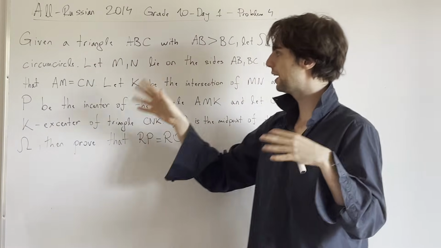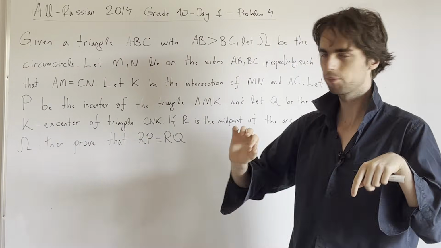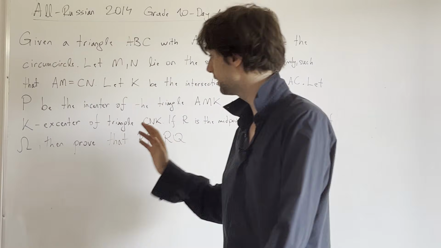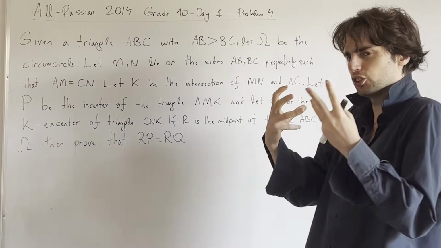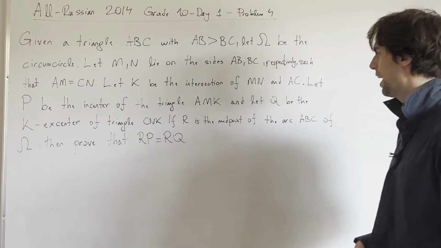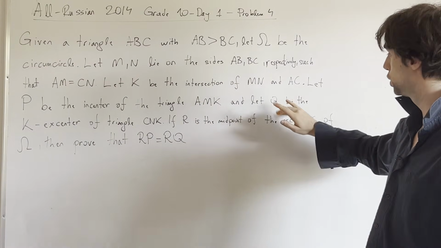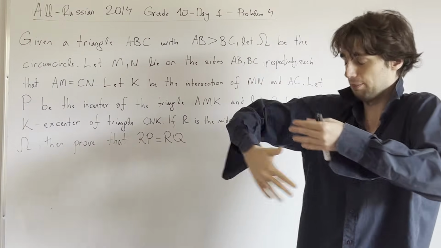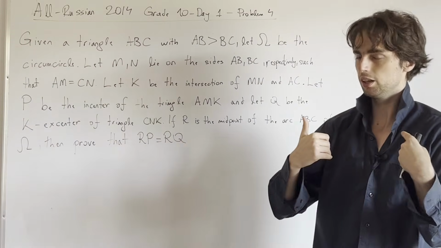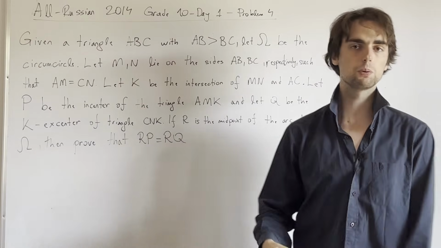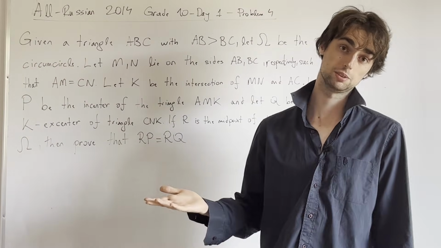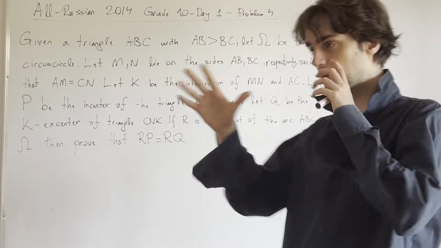Then when you pick M, N is defined, there's only one such N. K depends on M and N. Both Q and P depend on K, which depends on M and N. And then at the end, it's R, which has nothing to do with M or N, or so it seems. So those are the two things to keep in mind.